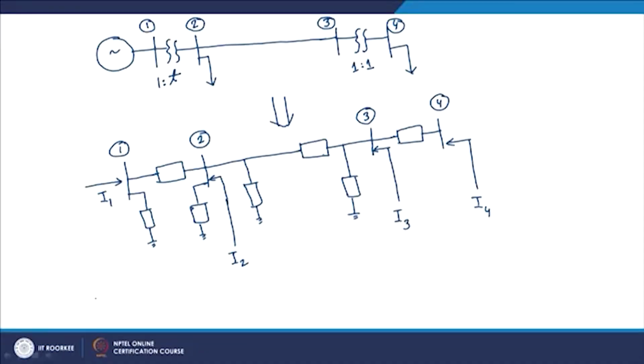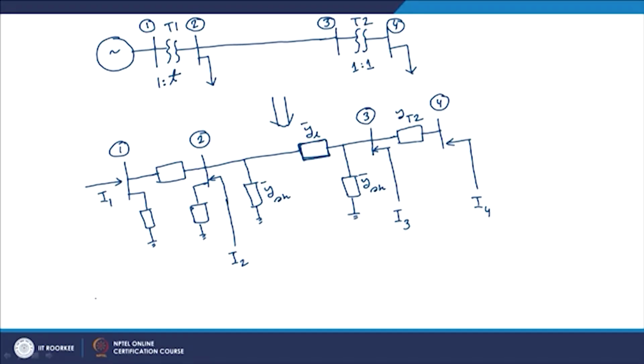Now this is a series impedance, and for this series impedance we can also calculate the equivalent admittance. So this is Y line, and this is Y shunt, this is Y shunt. Let us say this is transformer T1, this is transformer T2.